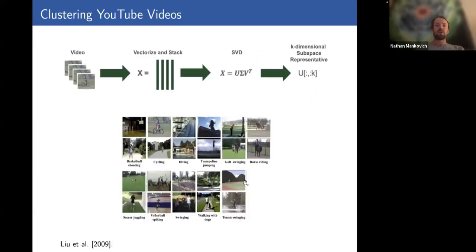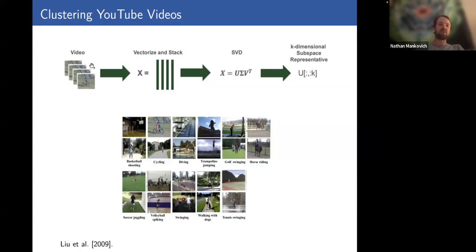Okay, so now let's use these for something rather than just talk about them abstractly. We're going to work with this data set where we have a collection of little video clips. And we want to cluster these video clips and see how good the clustering is with respect to the labels. This is called the UFC YouTube data set. I'm just going to work with a subset of it, actually.